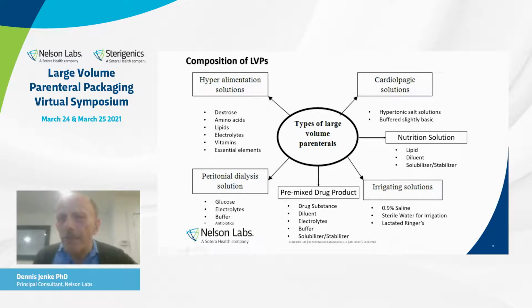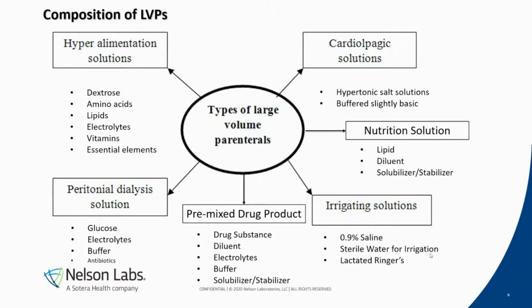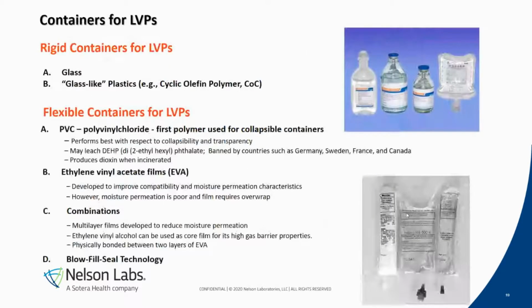Again, if we think of a compositionally simple LVP, we can think of irrigation solutions. Sterile water for injection. What could be more simple than that? 0.9% saline, which is essentially salt, sodium chloride, in water, and lactated Ringer's, which is a slightly more complicated formulation. And then again, it can be extremely complicated. The nutrition solution or a pre-mixed drug product, for example.